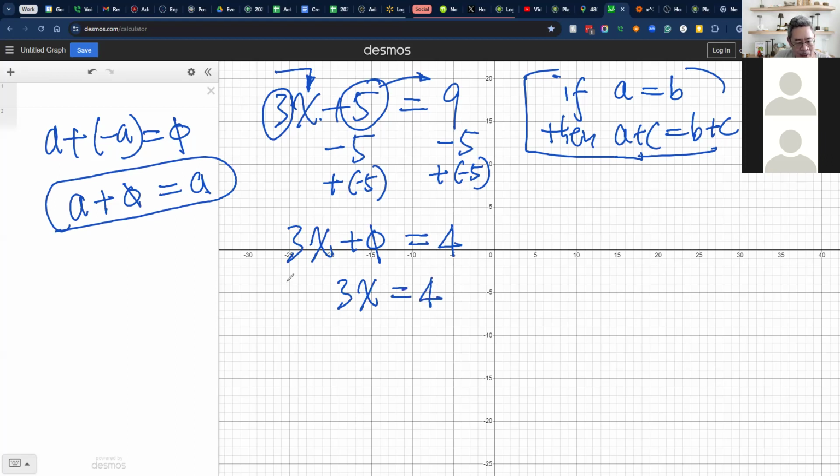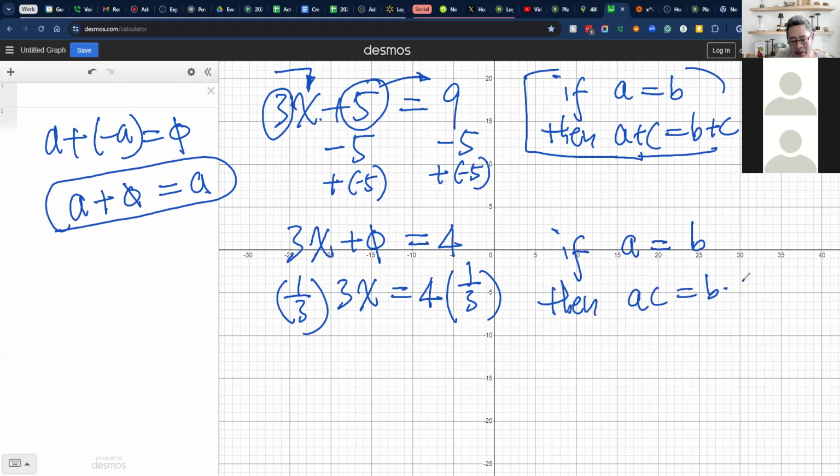And then we're going to multiply by 1/3. So this came from the multiplication property. If a equal to b, then a times c is b times c. The reason we times 1/3 is that way we can cancel 3. We are using this property: a number times its reciprocal is 1. That's why we call it canceling.